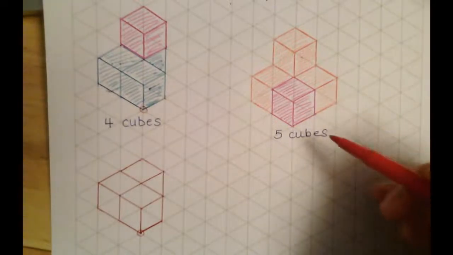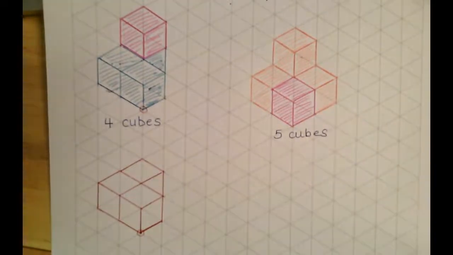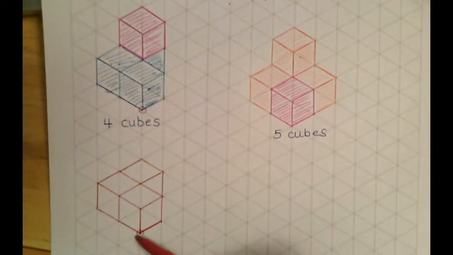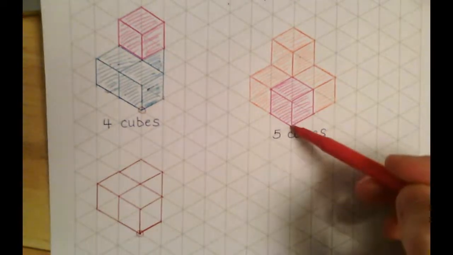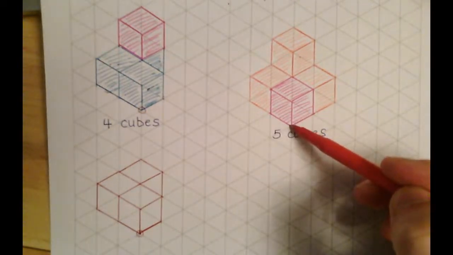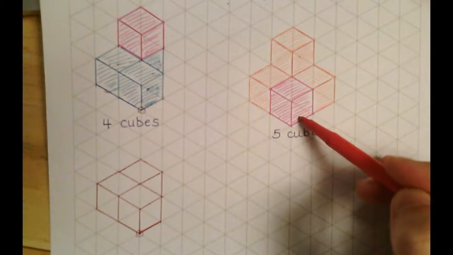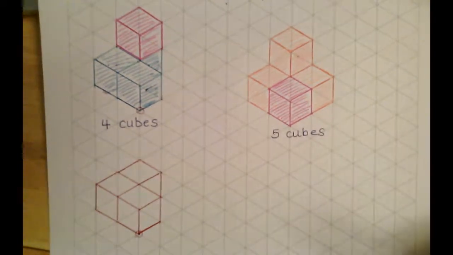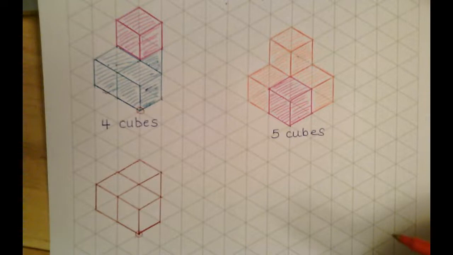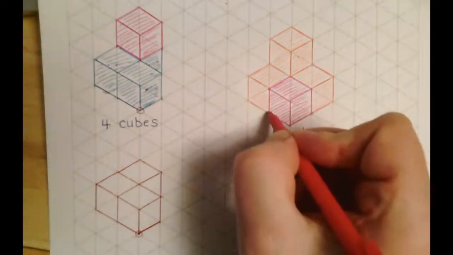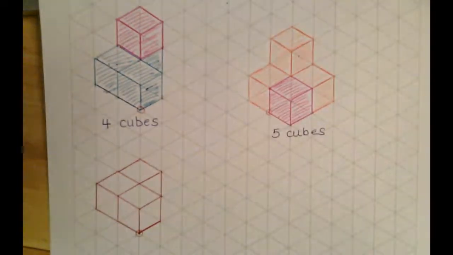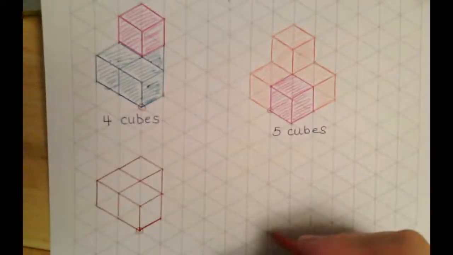Okay, second one. Now it's actually a little bit more difficult to choose my starting point because I could choose this point, but remember that cube there isn't going to be there in my final answer. So I'm going to choose this point here. And I'm going to put that there.